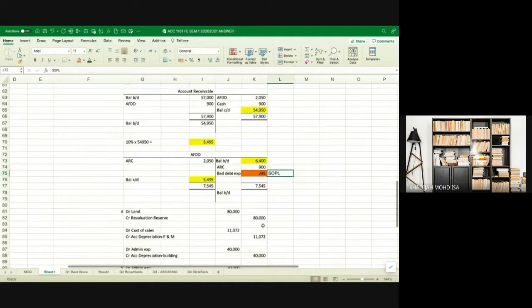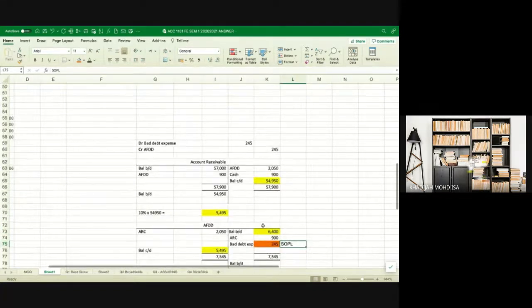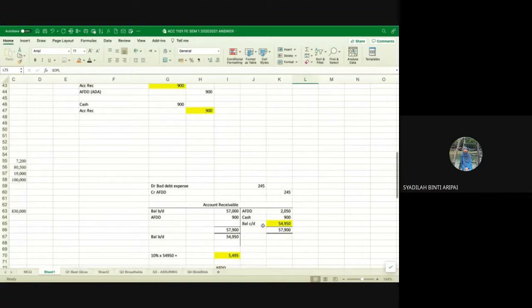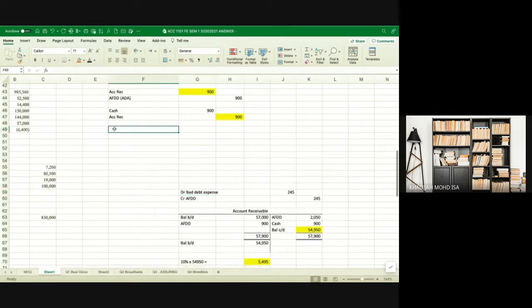All right. Are you okay? Okay, madam. Yeah, okay. So because of that, you're going to have this bad debt expense and your AFDD. So you're going to debit your 245 and credit 245, bad debt expense and your AFDD.